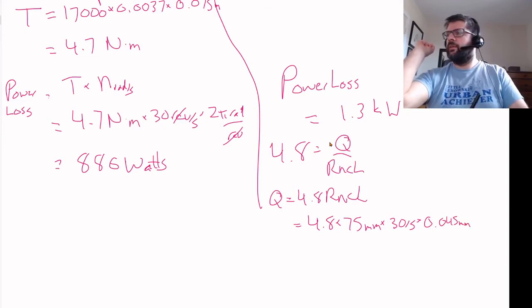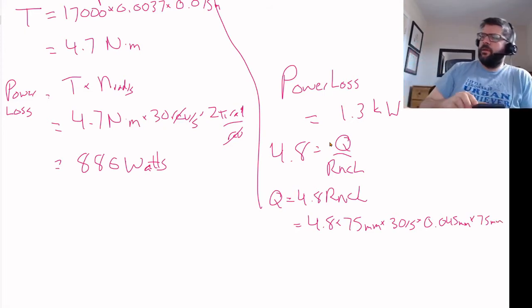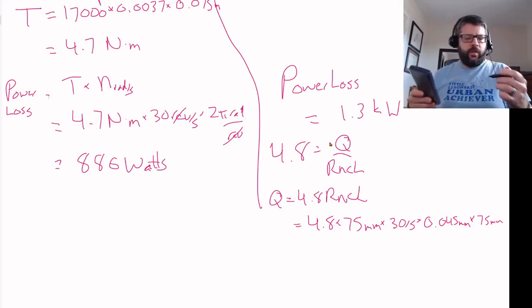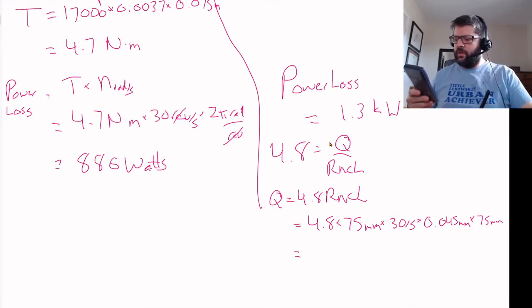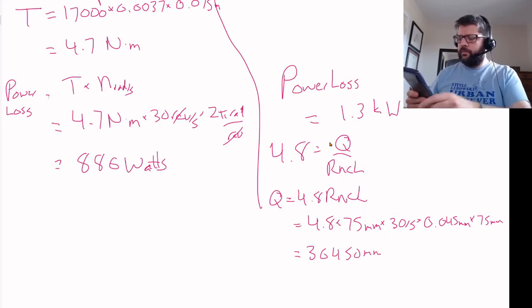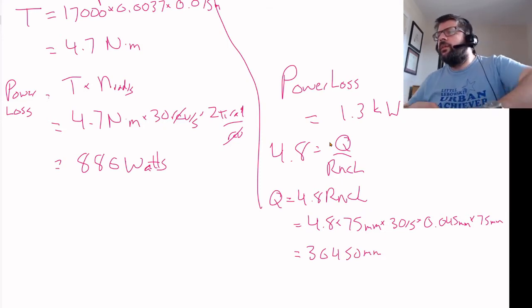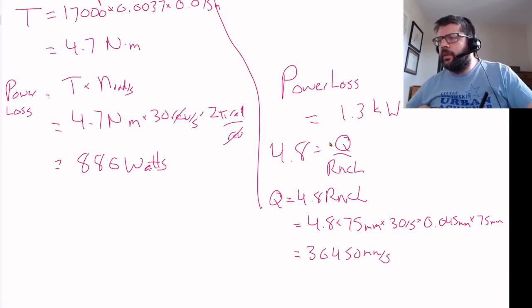And our length is also 75 millimeters. So 4.8 times 75 times 30 times 0.045 times 75 gives us 450 millimeters cubed per second.